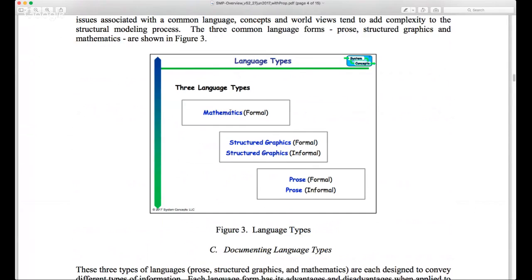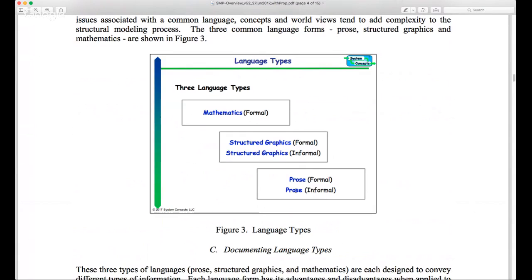You have structured graphics that are generated by mathematics, and you can have structured graphics that are like sketches of UML or other types of well-known processes that are informal but still convey information.